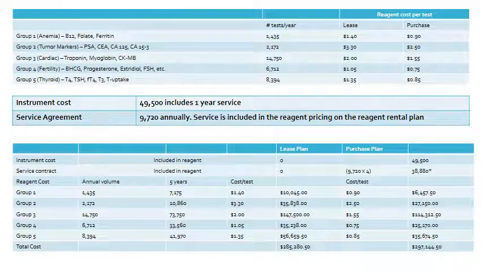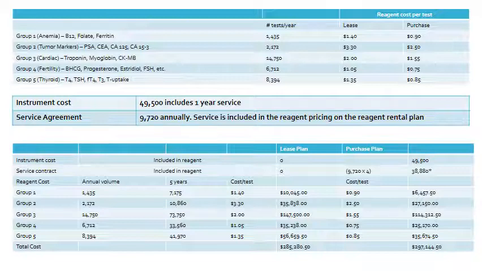Another thing that has to be done is calculating the cost of equipment. This is done in different ways. It's not necessarily done all that way, but I guess any hospital can choose the mechanism that they want to do. In this particular sample that we're looking at here, we're differentiating between directly purchasing the equipment or doing a reagent rental lease.